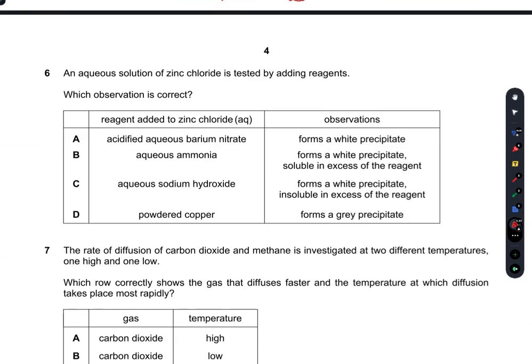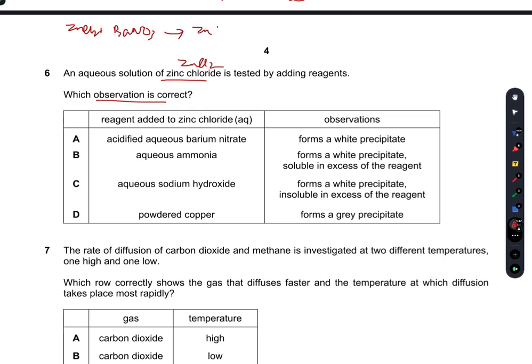An aqueous solution of zinc chloride, ZnCl2, is tested by adding reagents. Which observation is correct? So this is an aqueous solution of zinc chloride, and if we add acidified aqueous barium nitrate, if ZnCl2 is treated with barium nitrate, then ideally, as it has been said, we get a white precipitate.